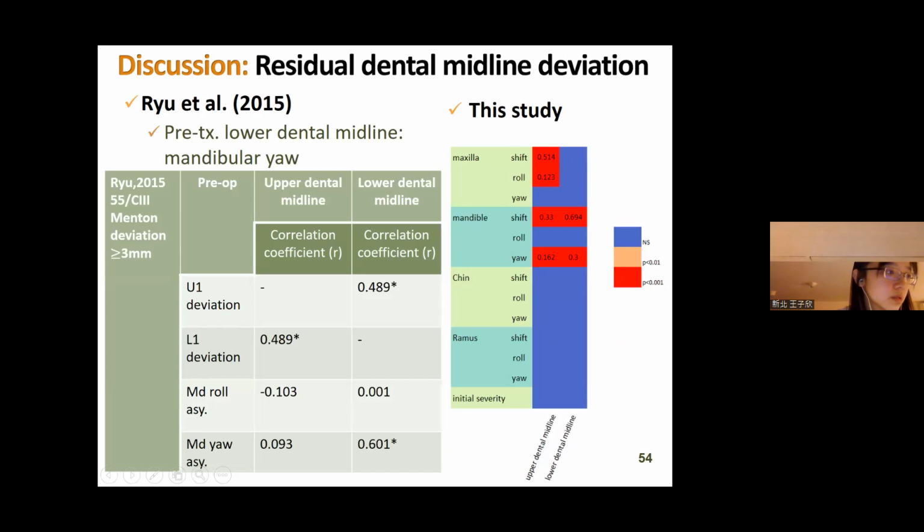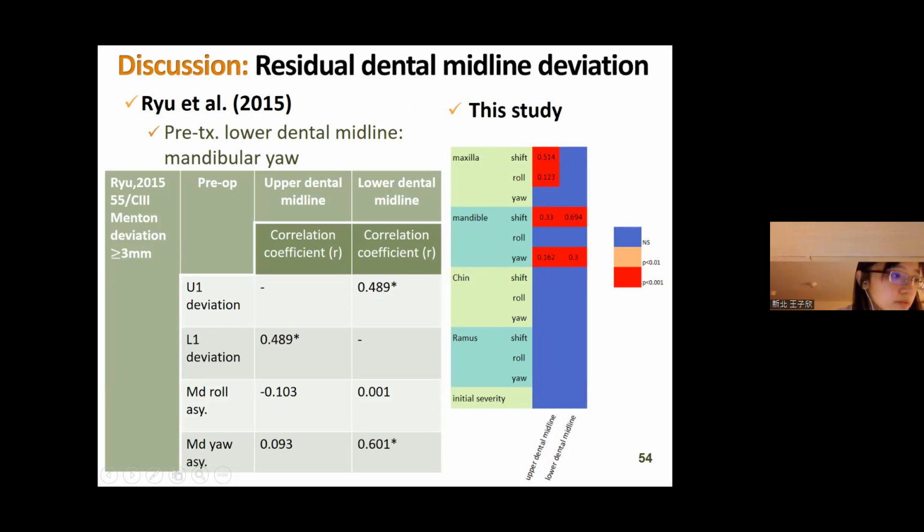In another study by Ryu et al., they also analyzed pretreatment variables and found that upper dental midline deviation was not significantly correlated with mandibular roll or yaw asymmetry, which is different from our result. And the lower dental midline deviation was significantly correlated with mandibular yaw asymmetry, which is similar to our result.